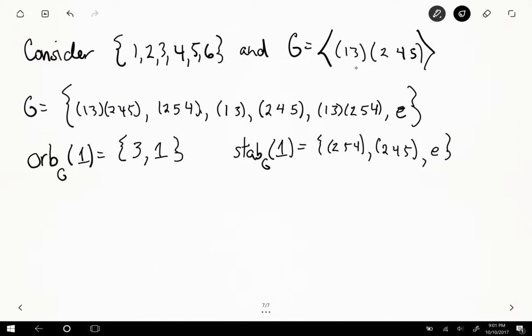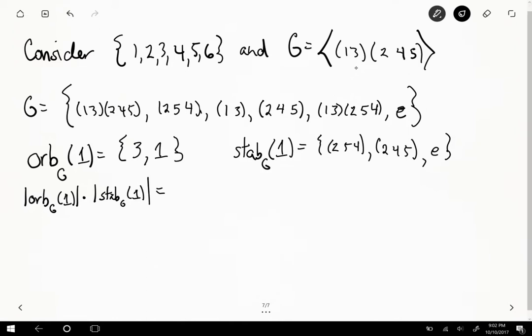So at the end of the day, what actually happened? Well, we had 2 elements here and 3 elements here. One thing to take note of: orbit of G of 1. If we take that order times the order of the stabilizer of G of 1, what happens? Well, we might be surprised to see this.